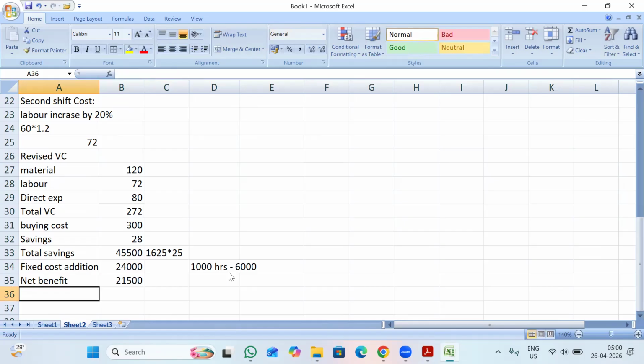Okay, let us assume I am working for only 3,000 hours, just as an assumption, in order to check how many units will be beneficial.